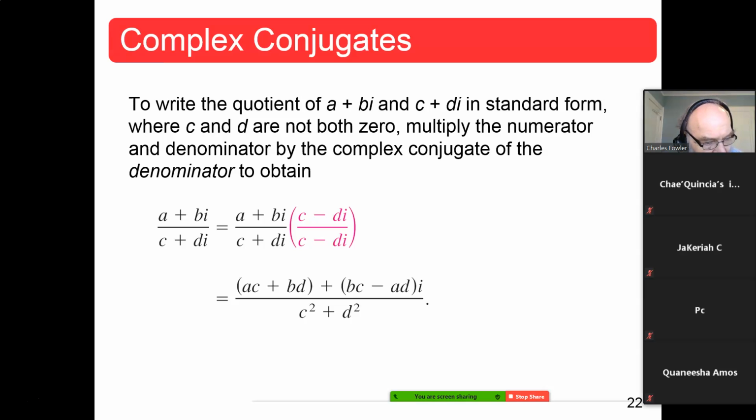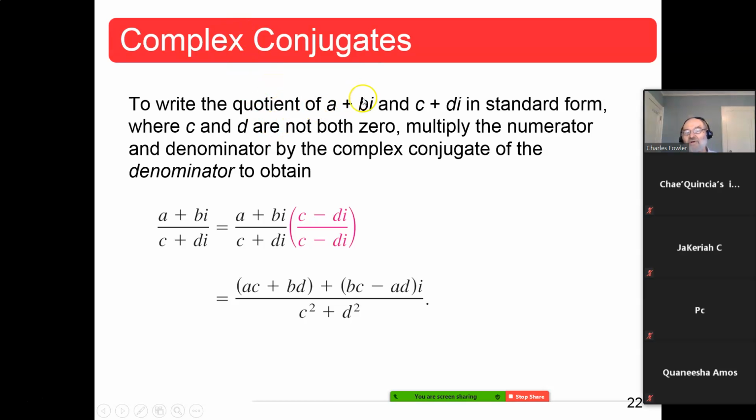This is in between example 3 and example 4 on page 148. To write the quotient, now we've talked about adding, subtracting, and now multiplying complex numbers. How in the world do we divide complex numbers?